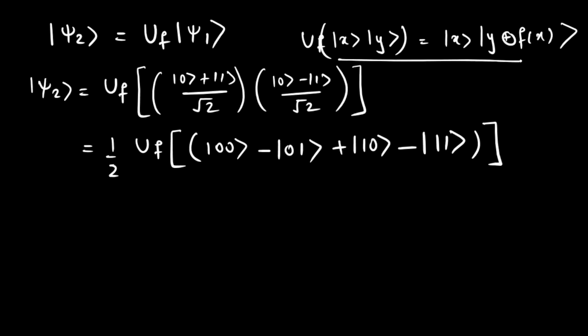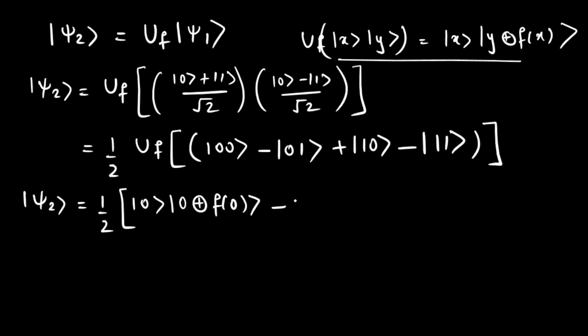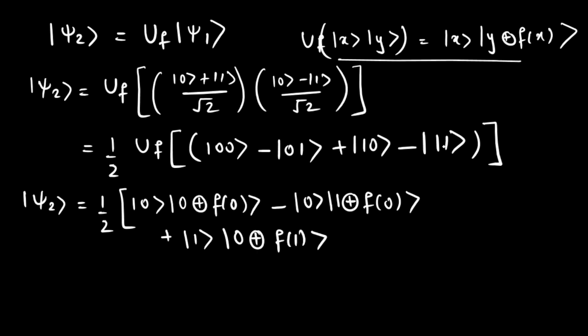Now using this transform, let's see what we get. So psi 2 will be equal to half. For |00⟩, we'll have |0⟩ into |0 ⊕ f(0)⟩, minus for |01⟩, we'll have |0⟩|1 ⊕ f(0)⟩, plus for |10⟩, we'll have |1⟩ into |0 ⊕ f(1)⟩, and for |11⟩, we'll have |1⟩ into |1 ⊕ f(1)⟩.